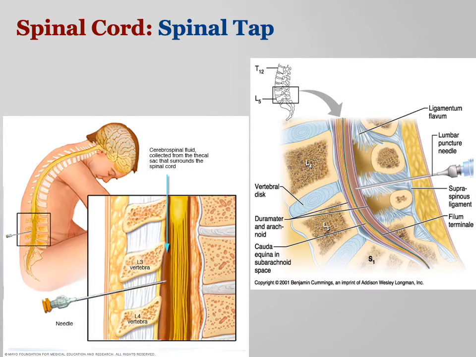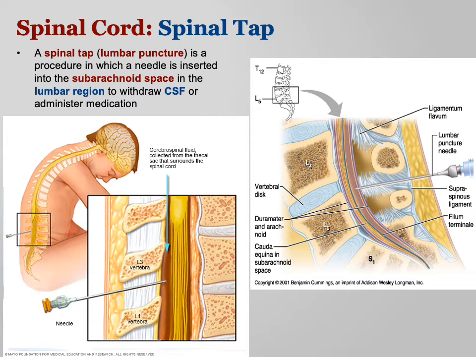You may have heard before of somebody getting a spinal tap. The more official name would be lumbar puncture. This is where a needle is inserted into the subarachnoid space in the lumbar region to withdraw CSF or to administer medication.